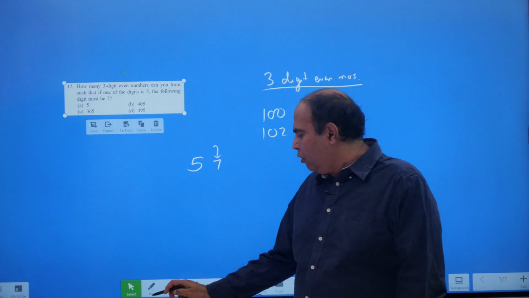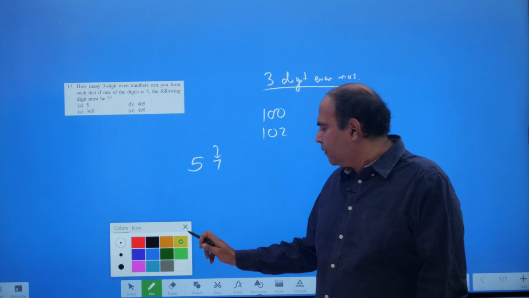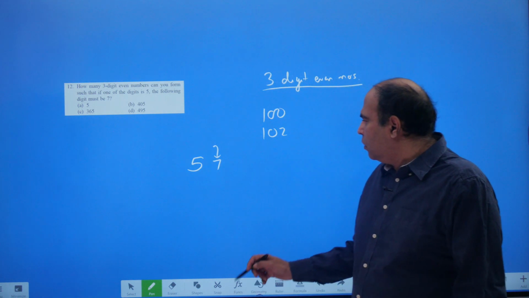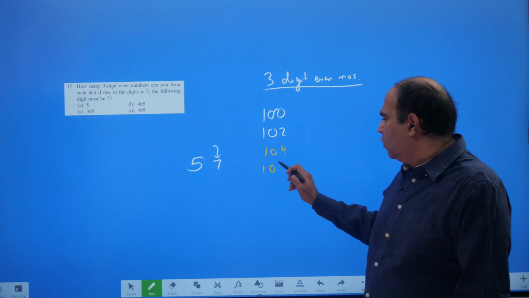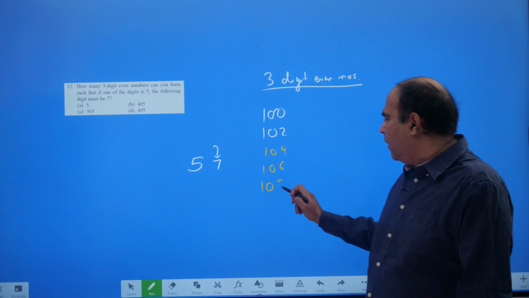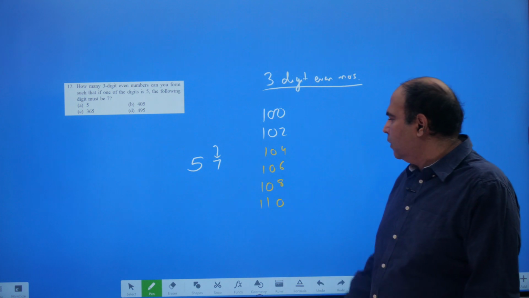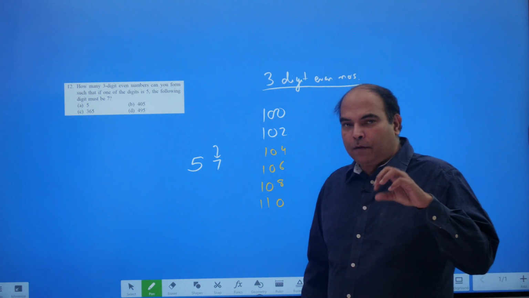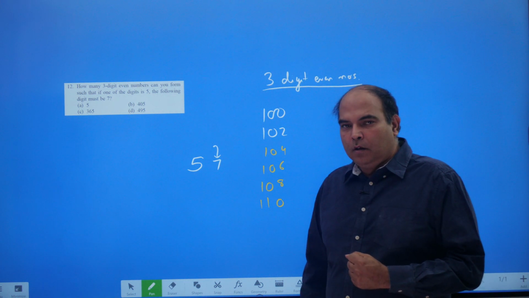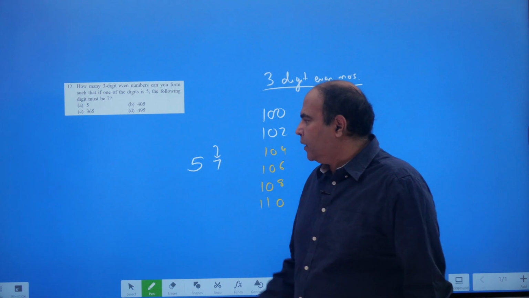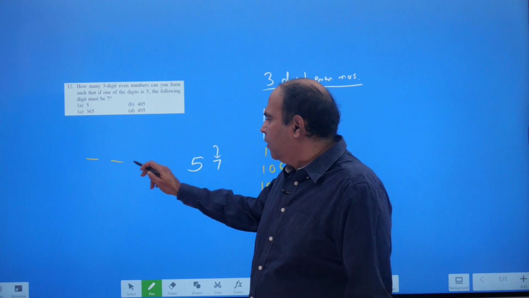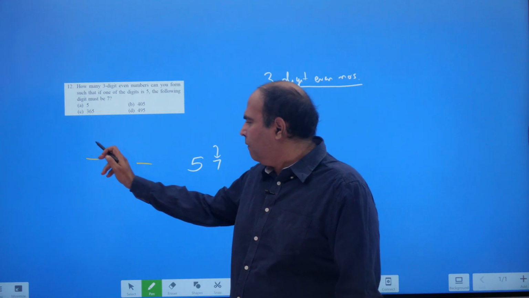So how do you solve a question like this? You try to see, okay, 100, 102, 104, 106, no problems. Every number can be counted. The problem happens only if one of the digits is 5. Then the following digit must be 7.